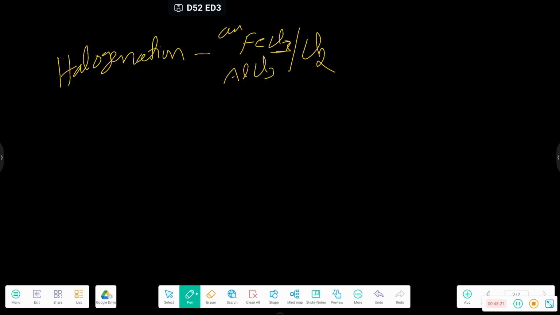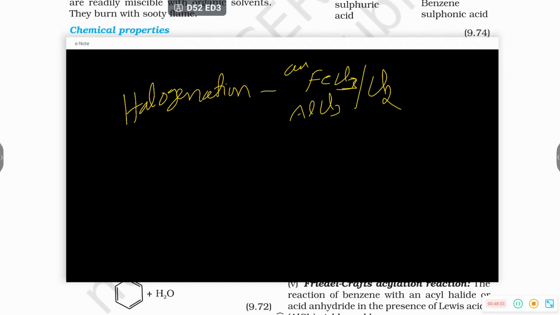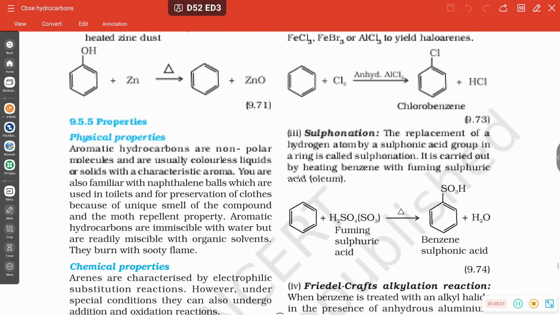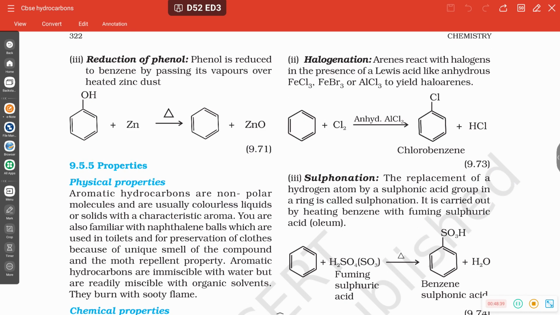If you take the Lewis acids, in the presence of these, halogenation occurs. Understood? See what they have given: anhydrous AlCl3, Cl2. Very important.